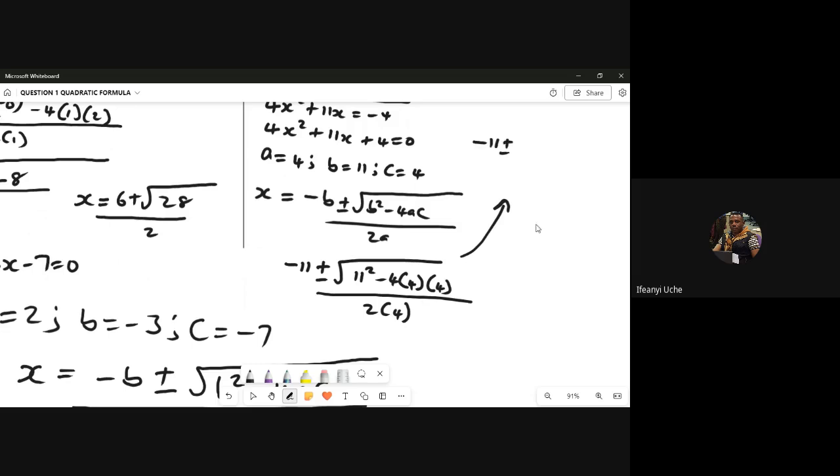You have your plus minus 11; 11 squared is 121. At times, don't feel you know it offhand. You also need to check, because tension can make you get the wrong figure. 121 is the correct one.